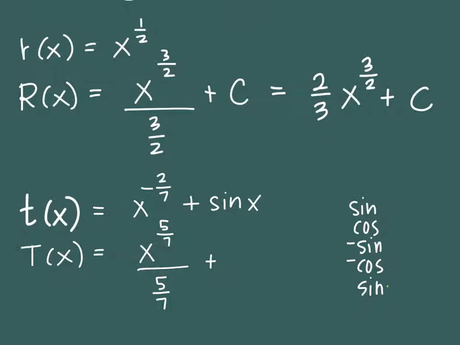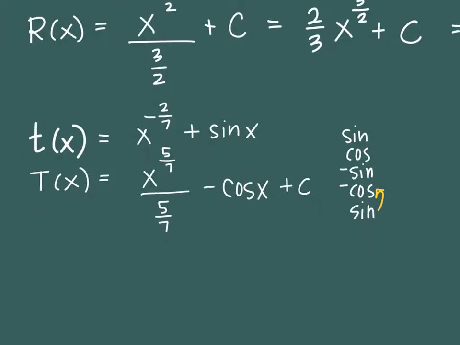And so the antiderivative from sine would take you to negative cosine. And so our antiderivative will be minus cosine of x, and then plus c. If we want to clean that up a little bit, it would be more typical to write that as 7/5 of the 7th root of x to the 5th minus the cosine of x plus c.